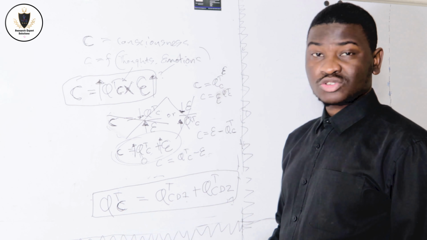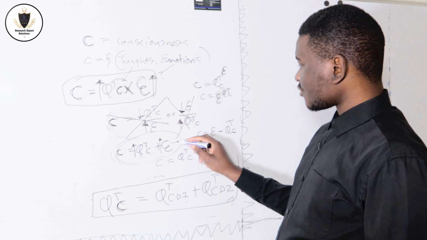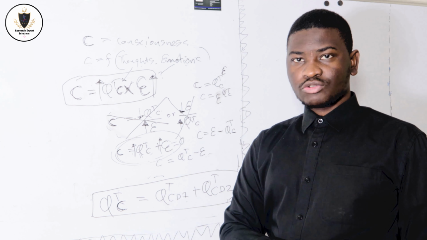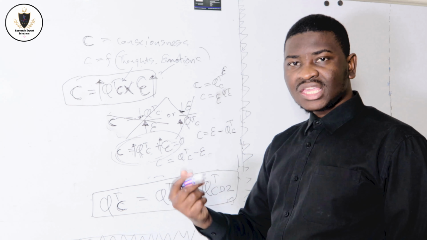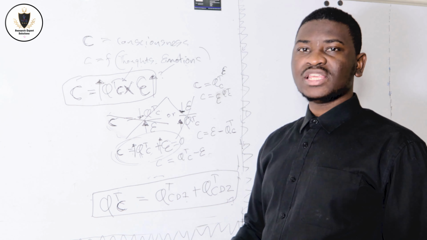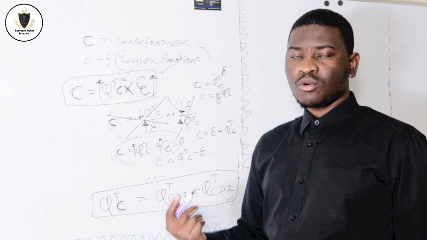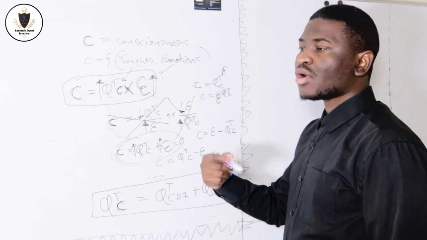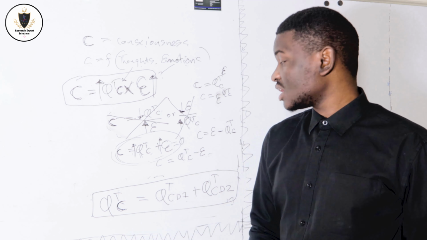That is not true. How about the other way around, where if our emotions are equal to 0, could it be that we can still be thinking about what we are not feeling? That is also not possible, because remember we said that for consciousness to exist, what you are thinking about, you must also be feeling something about what you are thinking about.